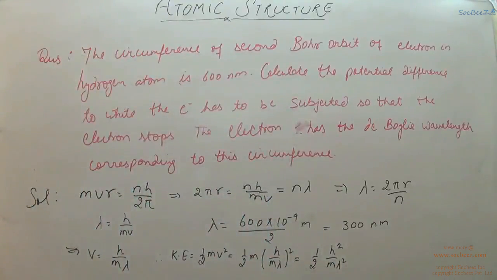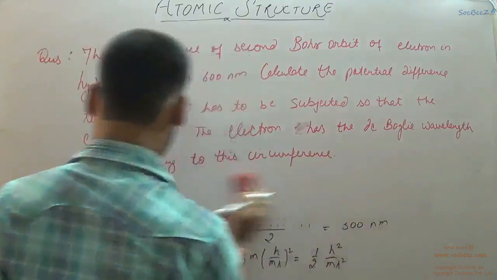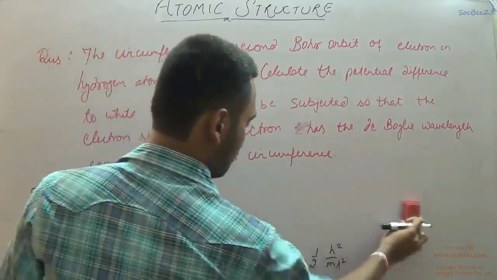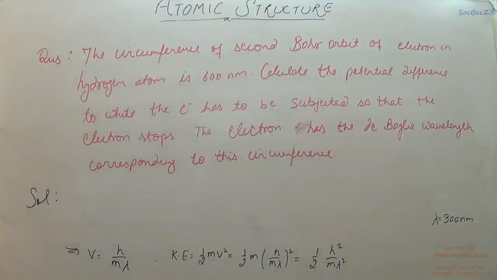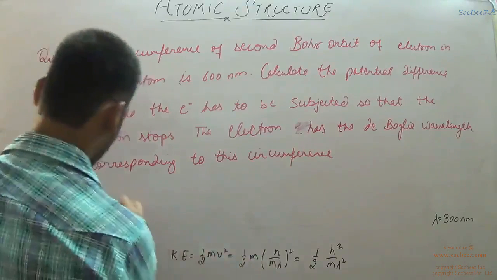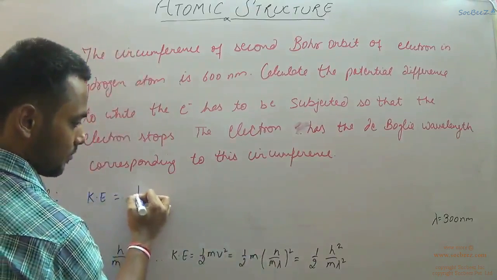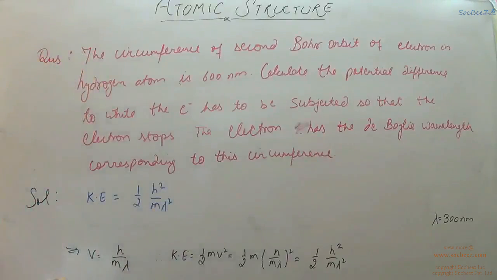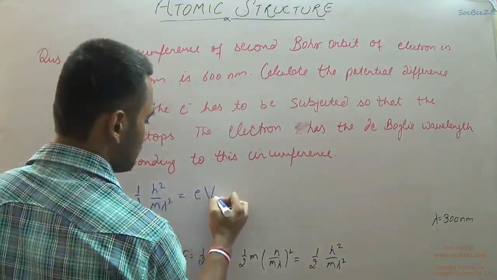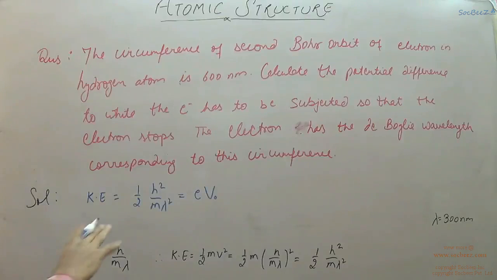Okay, so lambda is 300 nanometer. Kinetic energy is half h square upon m lambda square. Now if we are applying some electric field to this particular electron, then the potential difference and energy relation will be like this.